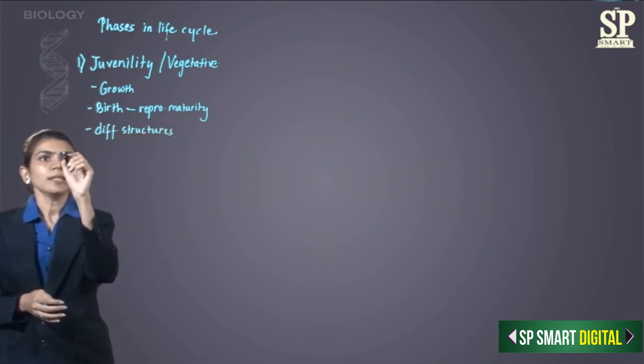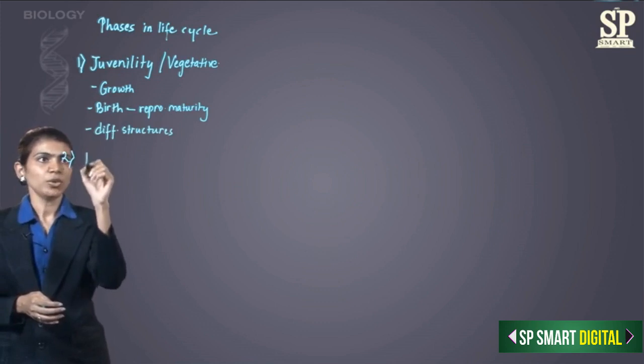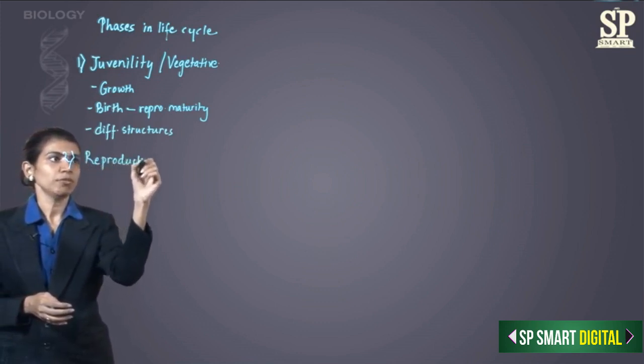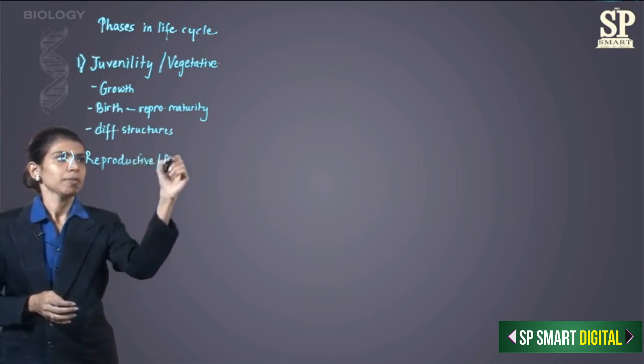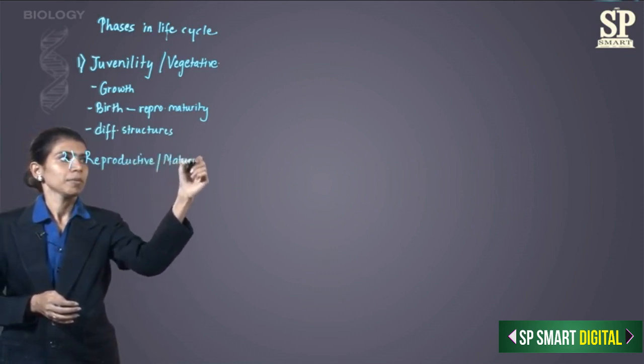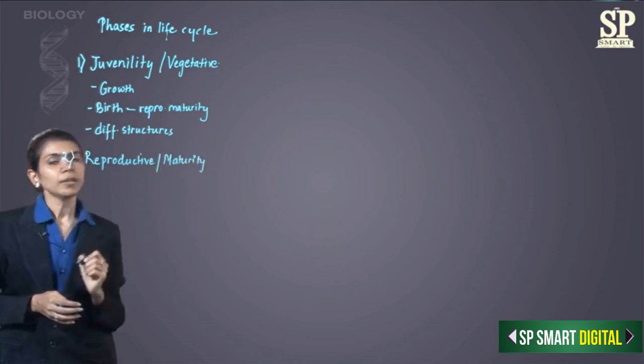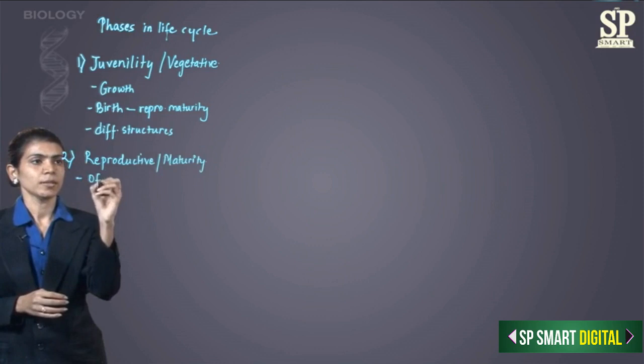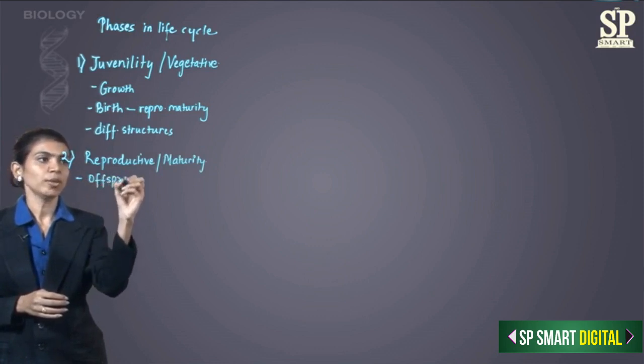The second phase is the phase of reproductive maturity. So that is the reproductive phase or the maturity phase. Here, the organism attains the ability to produce offspring, or the progeny, or the next generation.